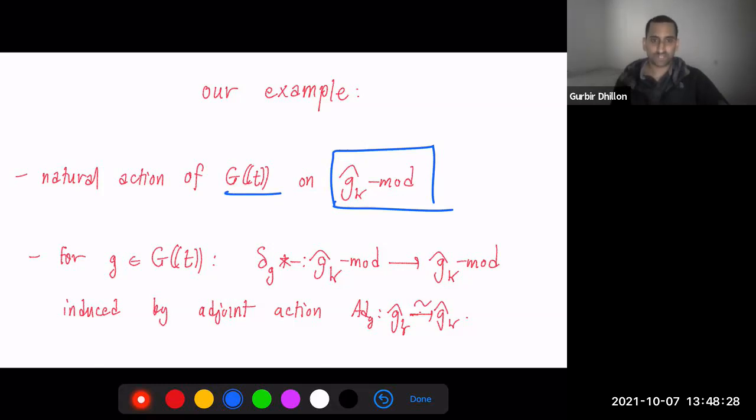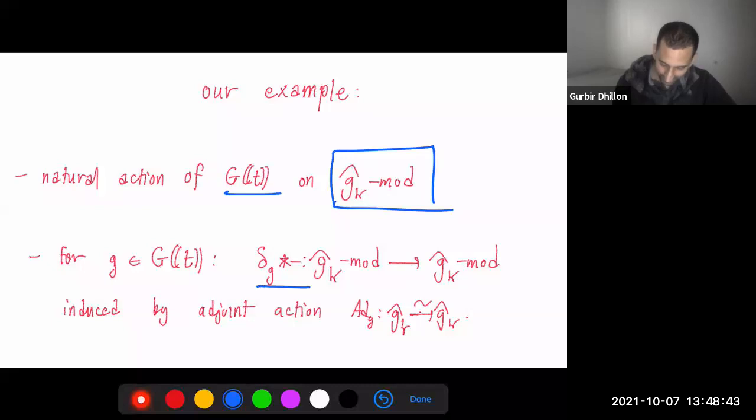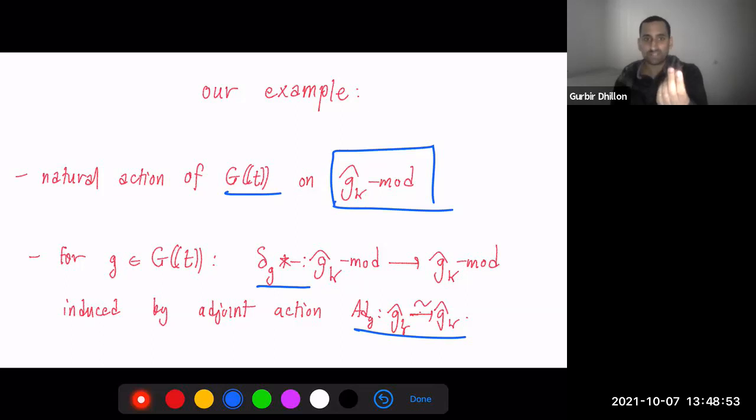We said that you think of a categorical action intuitively as each element of your group acting by an automorphism, and then there's this non-trivial statement that you can take these big linear combinations. Let me tell you what the action of just the group itself is on this category. It's the following pretty simple thing, which we already said: if you have any element in the group, just conjugating by it gives you some automorphism of the Lie algebra.